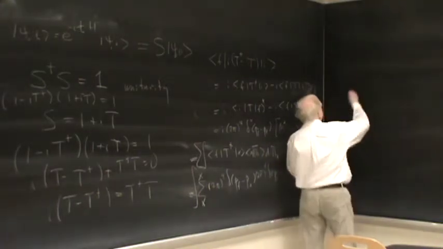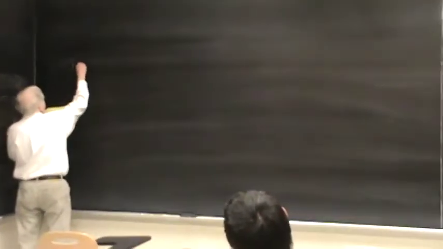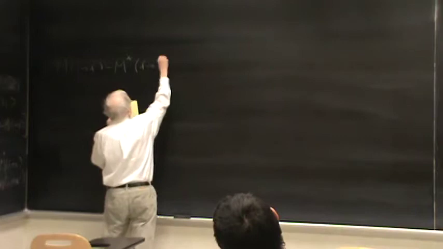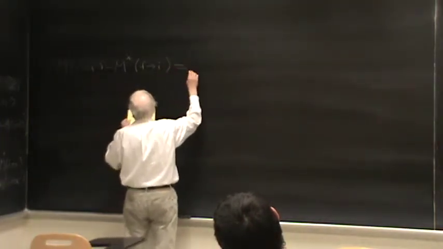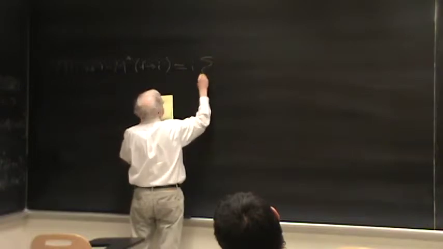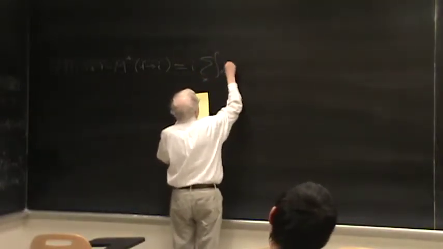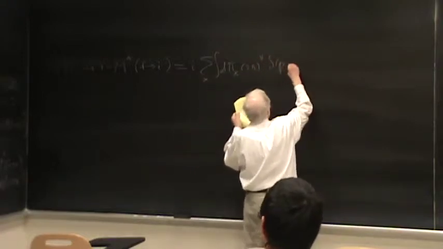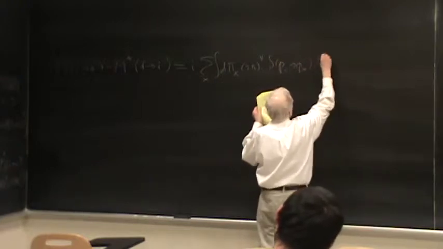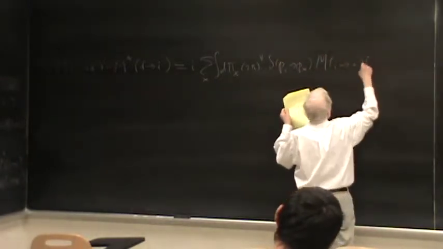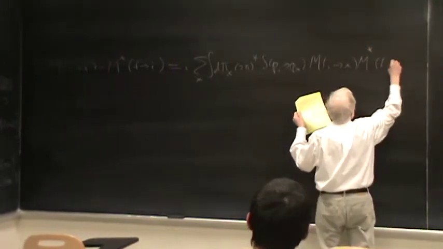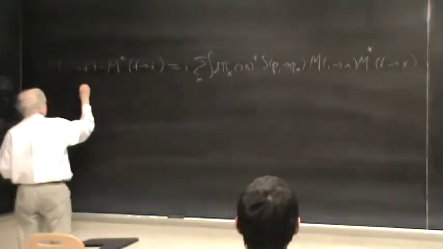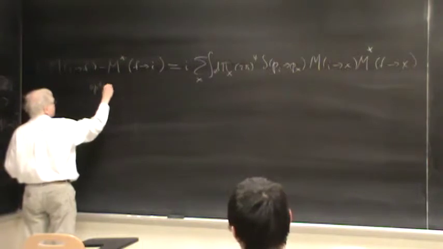And so what we get then finally is M of i goes to f minus M star of f goes to i equals i sum on x integral dΠ over the intermediate states (2π)^4 δ(p_i minus p_x) M(i goes to x) M star(f goes to x). So this is one way. This is called the optical theorem.